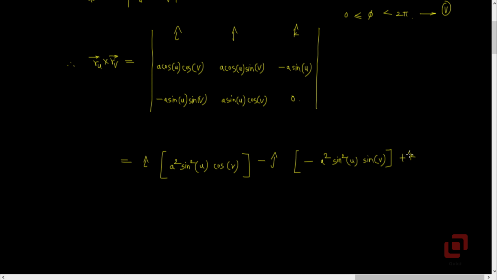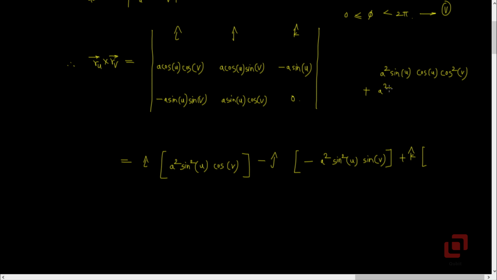Plus k cap into, we now have a cos u cos v into a sin u cos v, which will give us a squared sin u cos squared v minus a cos u sin v into minus a sin u sin v. Minus into minus will be plus.